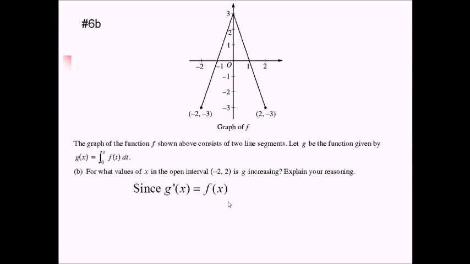So I just need to know then what the sign of f is doing, because if I know the sign of g prime or f, they're the same thing, then I know where g is increasing or decreasing. Since g prime is positive from negative 1 to 1, since it's greater than 0 on negative 1 to 1, we can conclude just using this that g is increasing on the interval from negative 1 to 1.